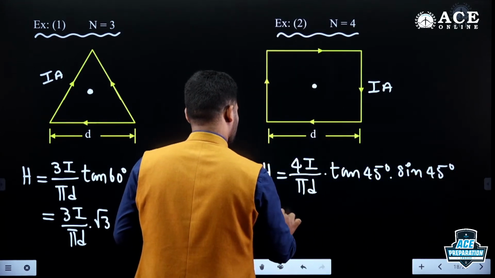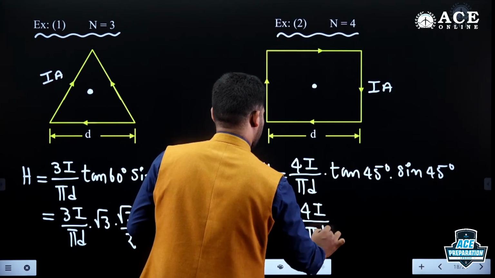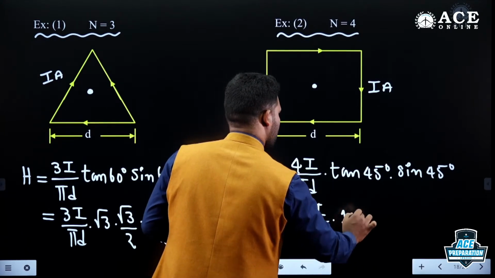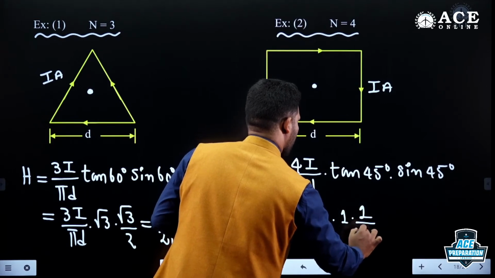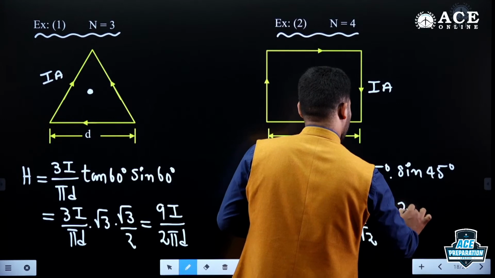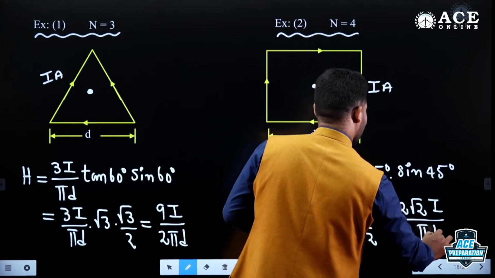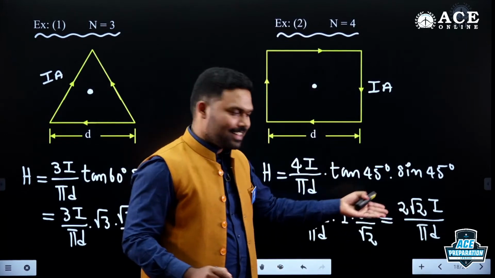So here it is 4I by pi d into 1 into 1 by root 2. So how much is this? This will become 2 root 2 I by pi d. Aha, the same thing we have got.